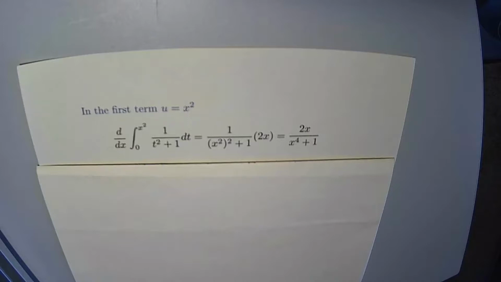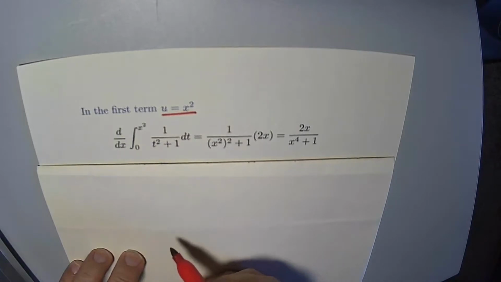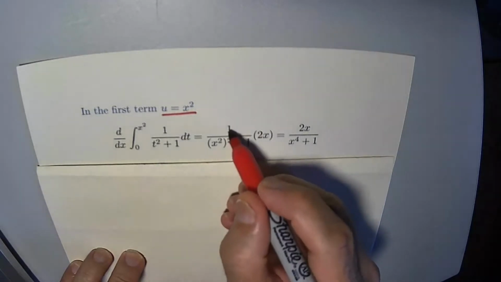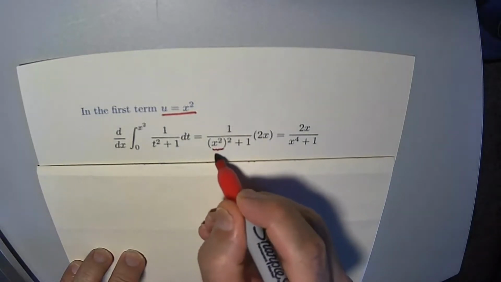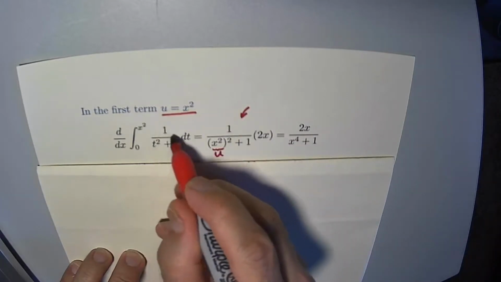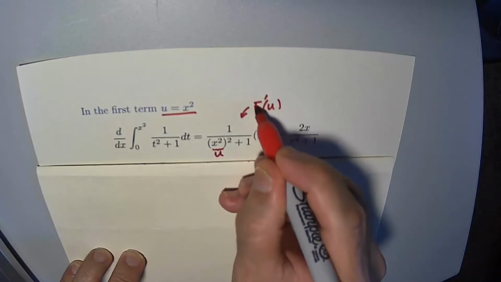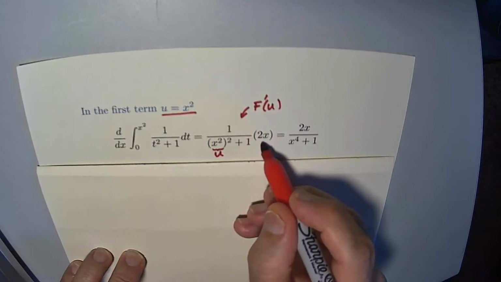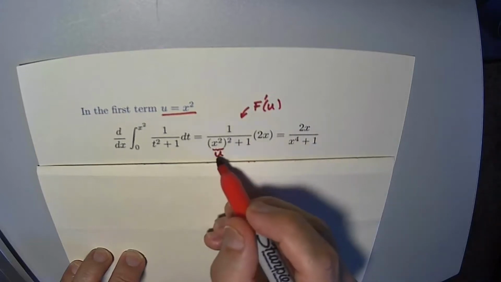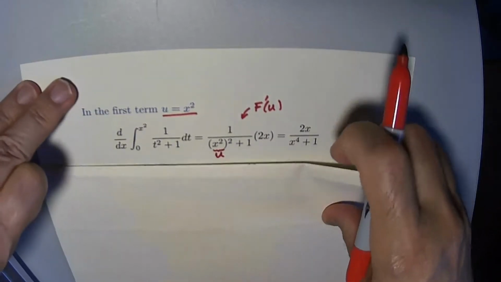Now the first of the two terms has a function u equal to x squared, so the derivative of this integral will be 1 over u squared plus 1, and that's just the same thing here with t instead of u. In other words, that's f prime of u times the derivative of u. Derivative of x squared is just 2x. So u squared being x to the 4, we get the answer 2x over x to the 4 plus 1 for the first integral.